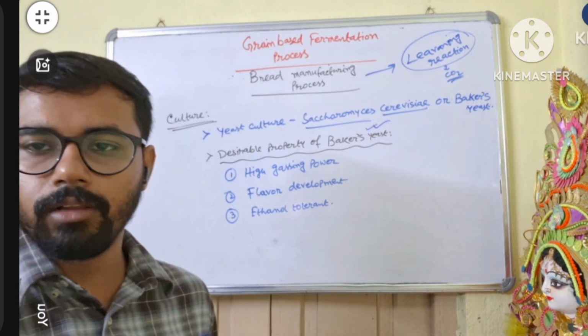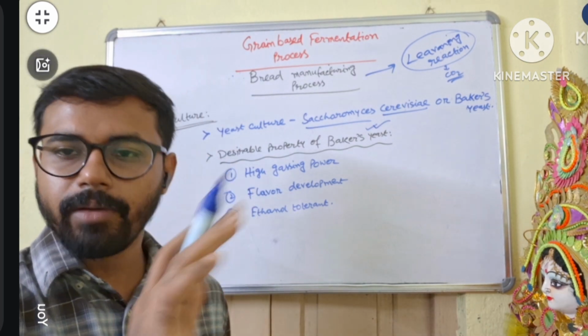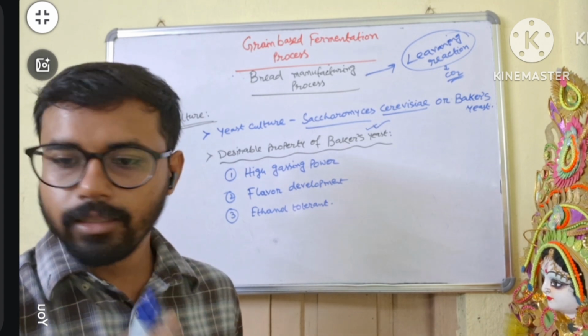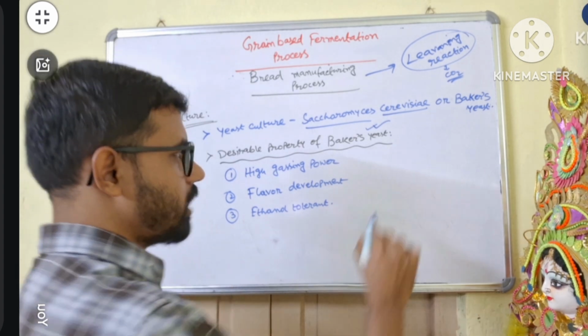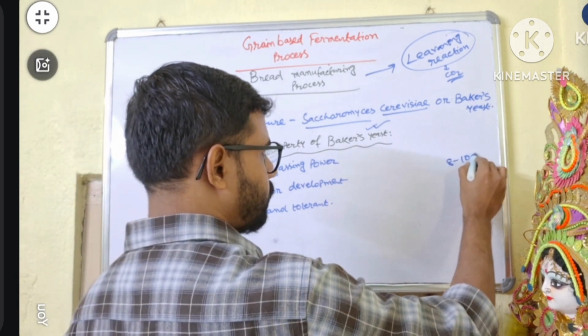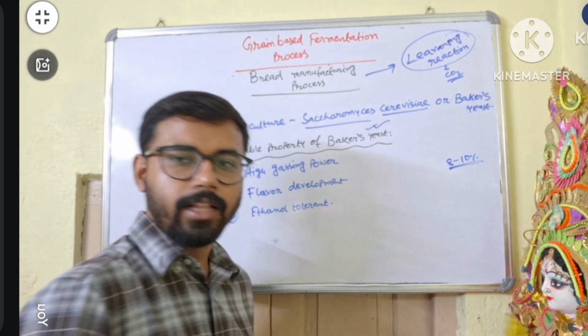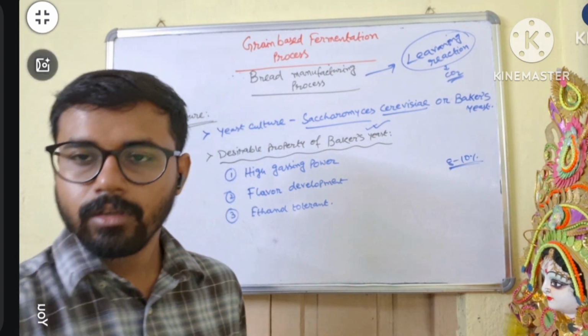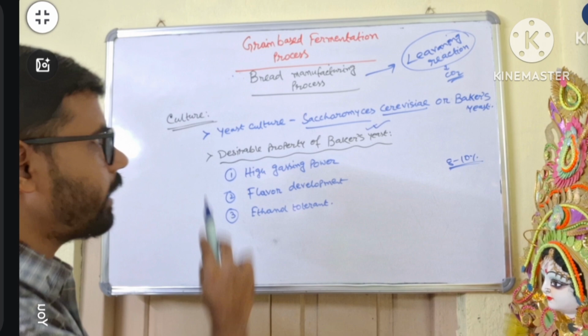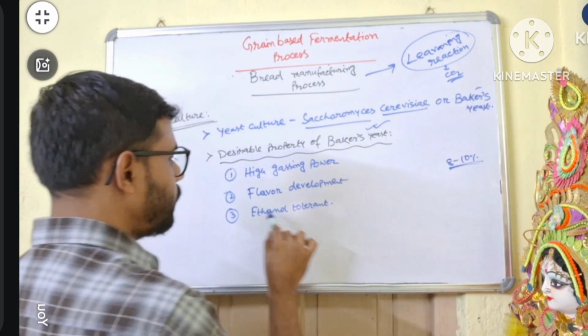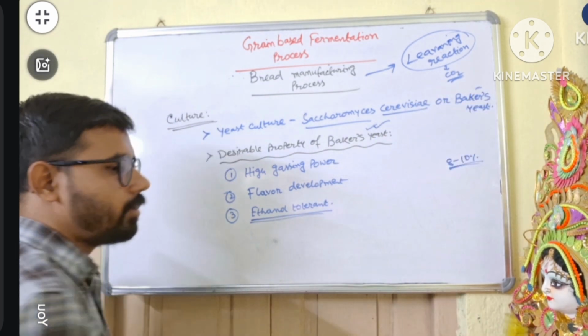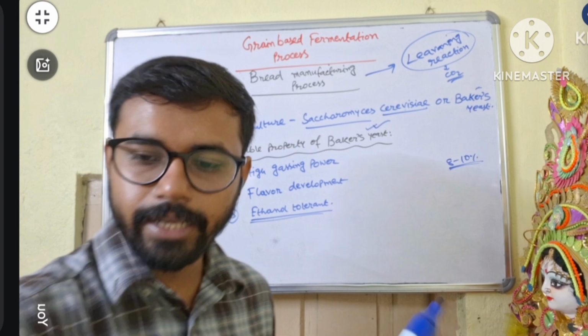Because during the alcohol fermentation, there is another byproduct, ethanol. And when ethanol concentration reaches 8 to 10%, each cell cannot tolerate it. So the Baker's yeast should be ethanol tolerant up to a level of more than 10%.